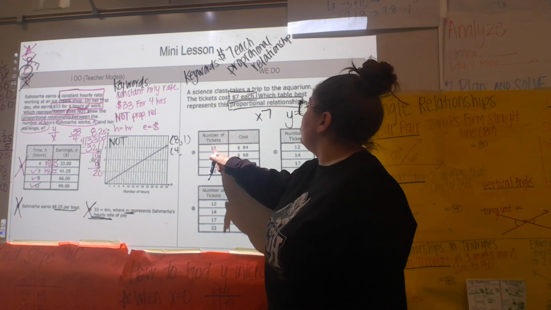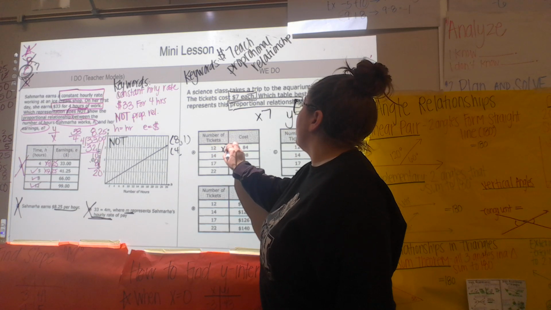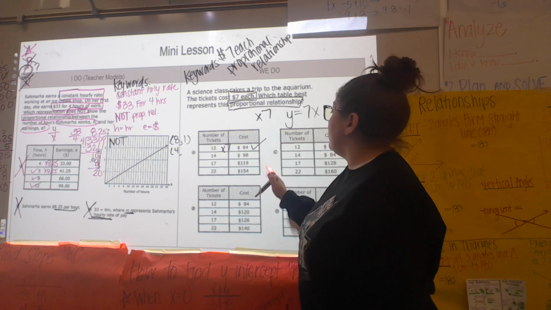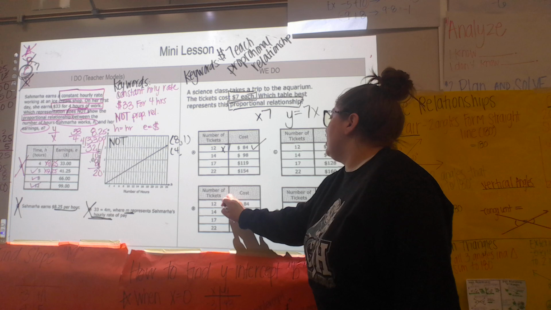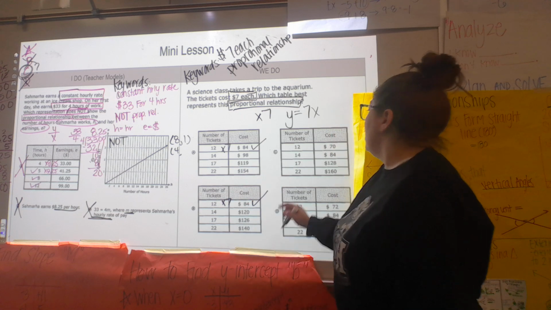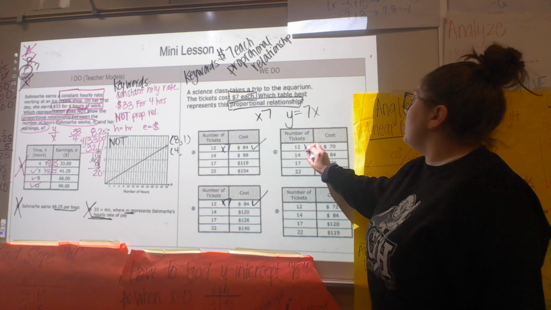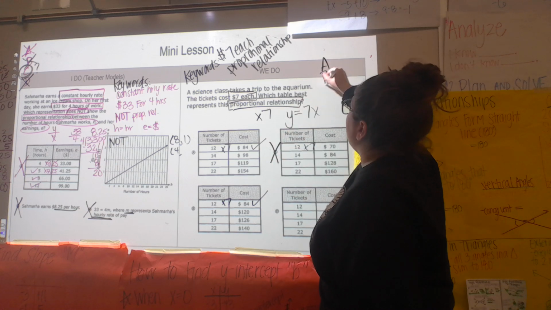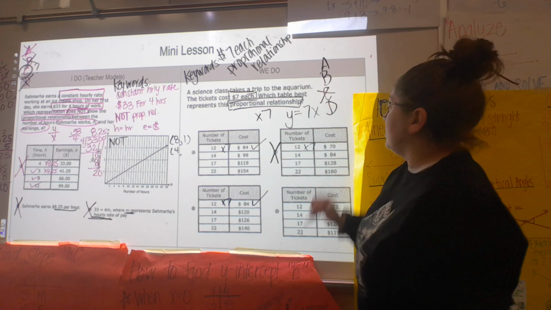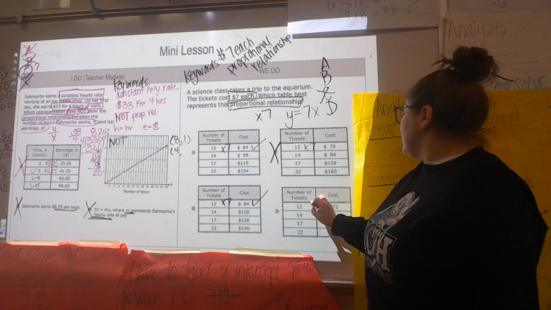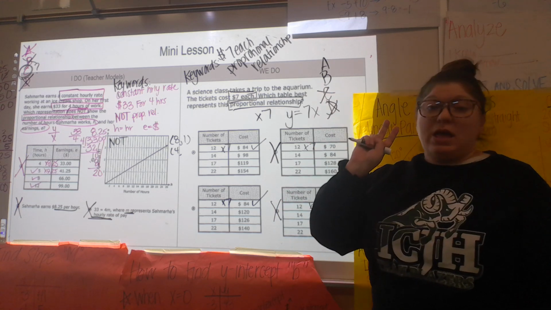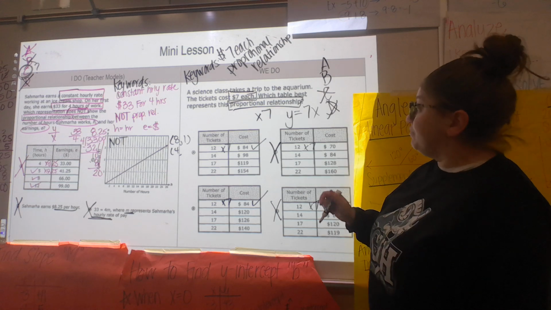So if I look here, 12 times 7 gets me 84. That's correct. Let's look at this one. 12 times 7 gets me 84. That's correct. But if I look at C and D, 12 times 7 does not equal 70, so C is automatically not my answer. If I do 12 times 7 to get 72, that is incorrect as well. So I know my answer can either be A or B.